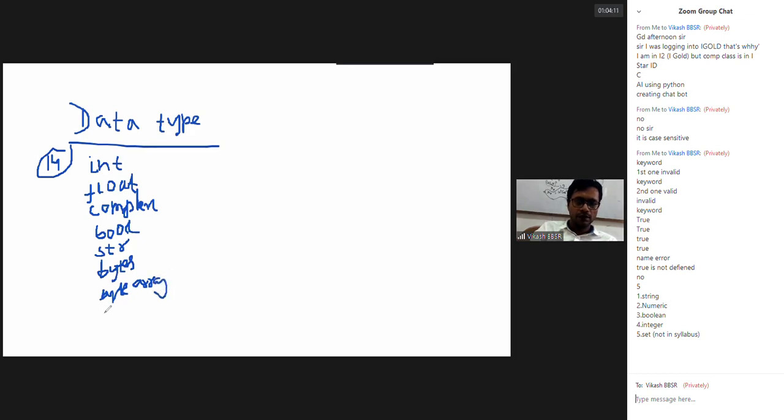Then range. Then list. Then tuple. Then set.